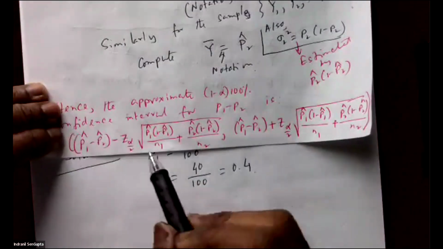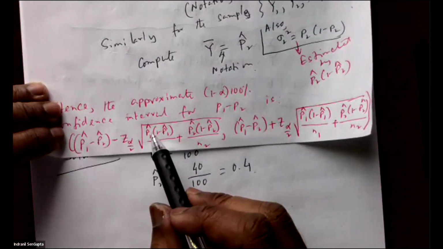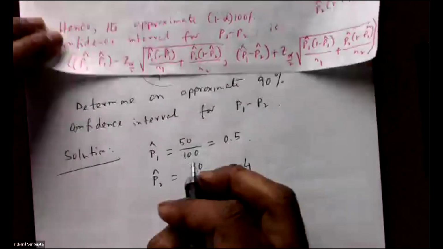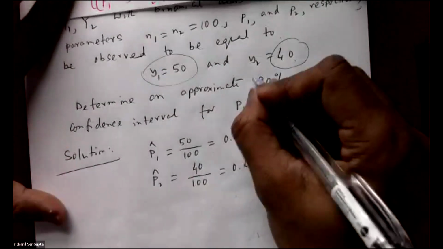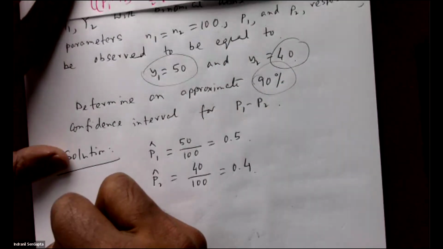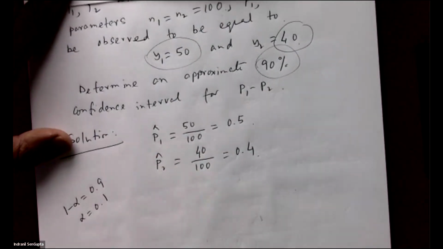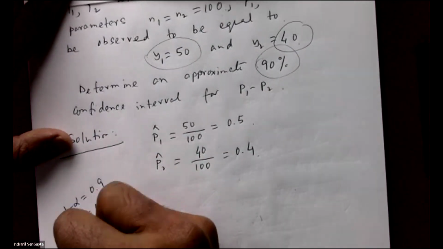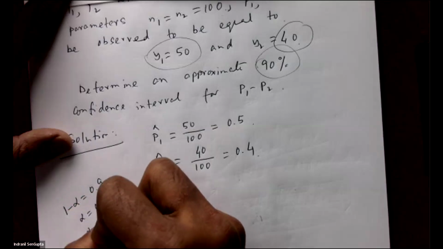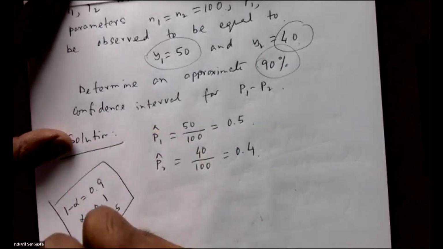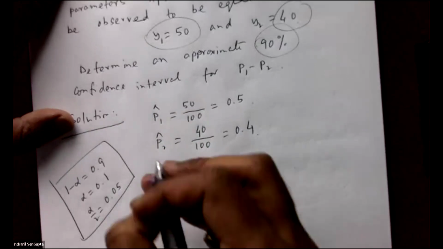Therefore, I'll simply use this formula, with the fact that what is my z of alpha over 2? We have done this exercise enough. It's 90%, so 1 minus alpha is 0.9. So alpha is 0.1, right? So that means alpha over 2 is 0.05.